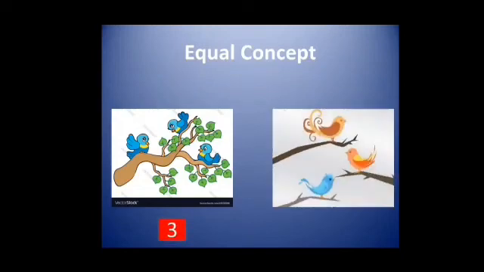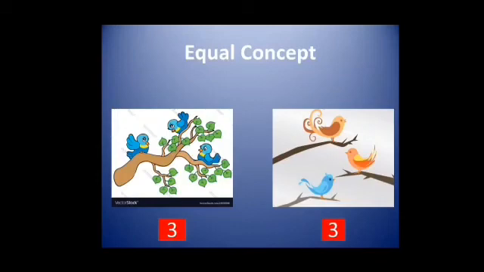In the next picture, again we can see a few birds sitting on the tree. Now count along with me, kids. 1, 2, 3. Again there are 3 birds on the second tree.